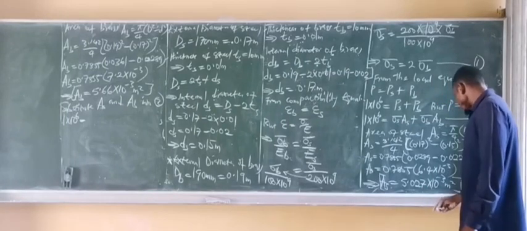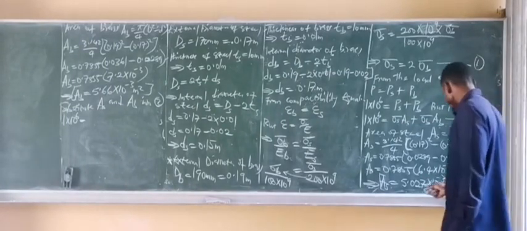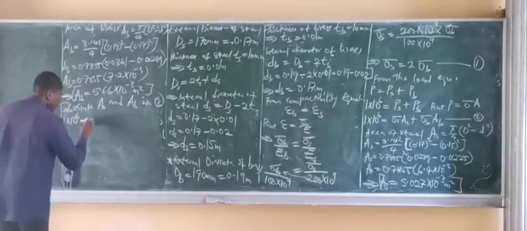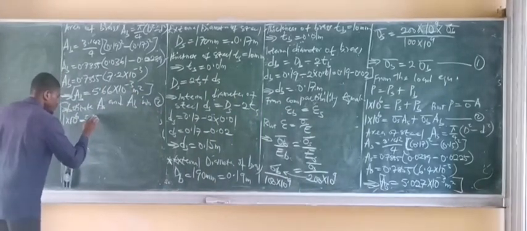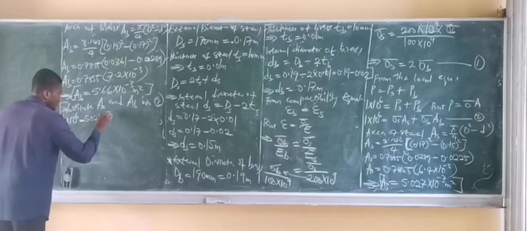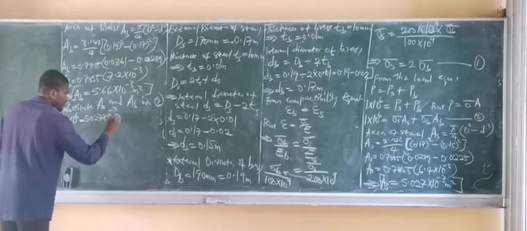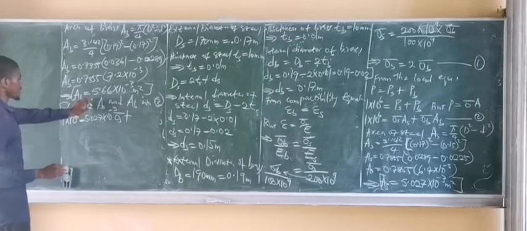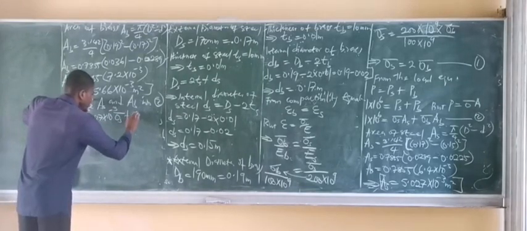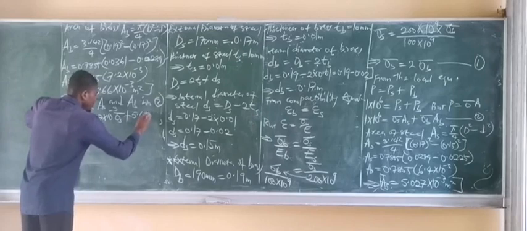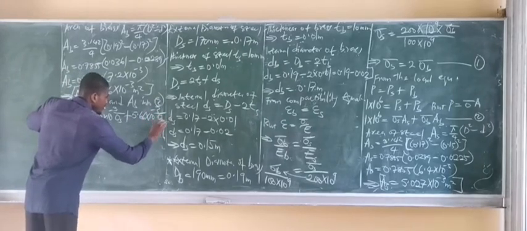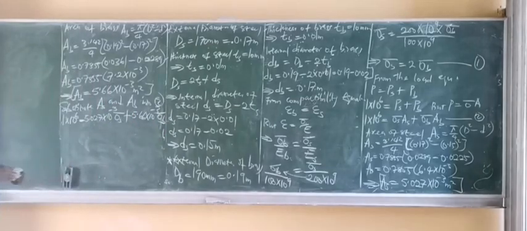Area of steel is 5.027 by 10 to the power minus 3, times stress of steel, plus the area of brass, 5.66 by 10 to the power minus 3, times the stress of brass. So this is what you have in that equation.